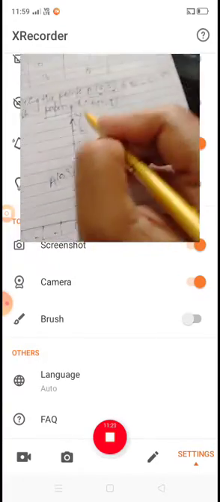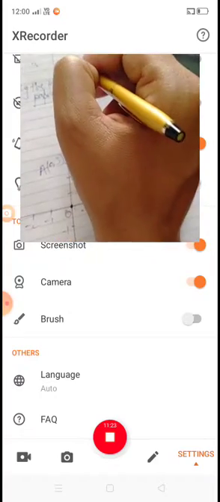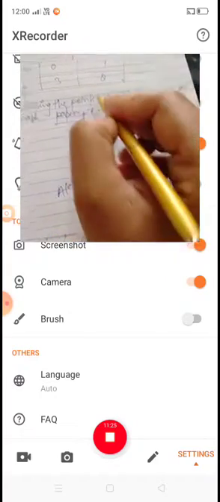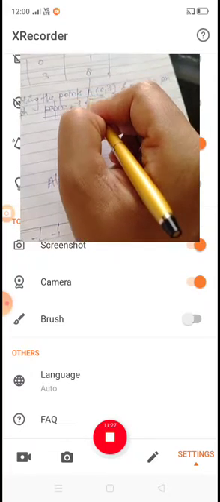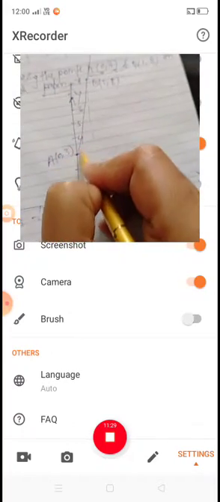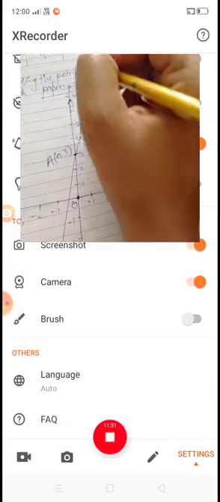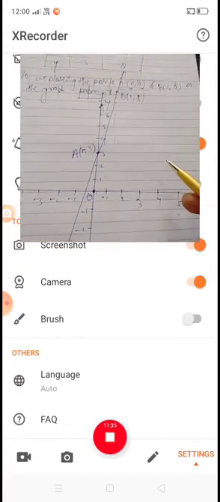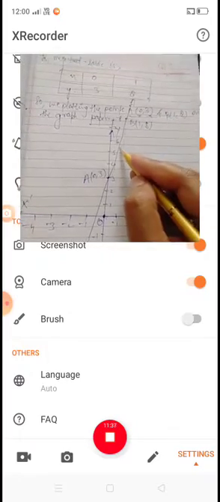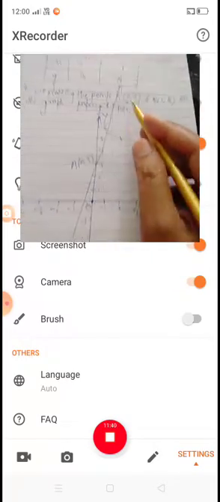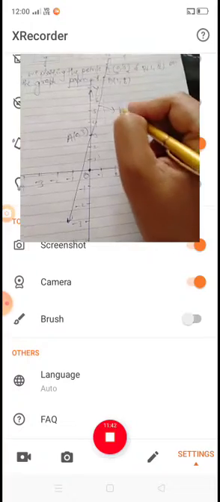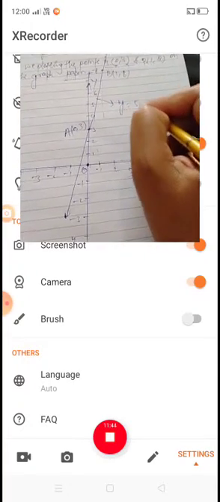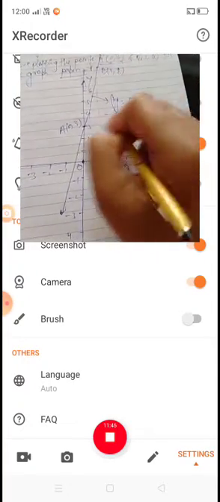Now we join these points by a straight line. This is the graph of the linear equation. This line represents the graph of the line y is equal to 5x plus 3.